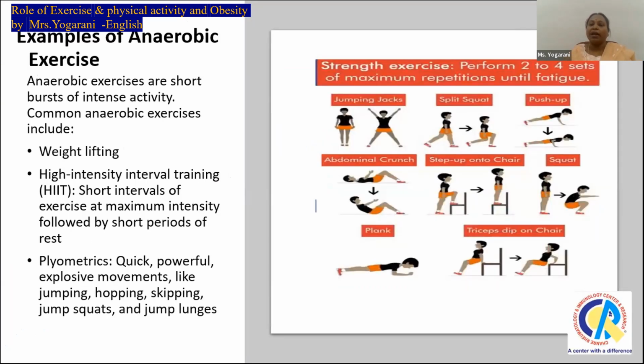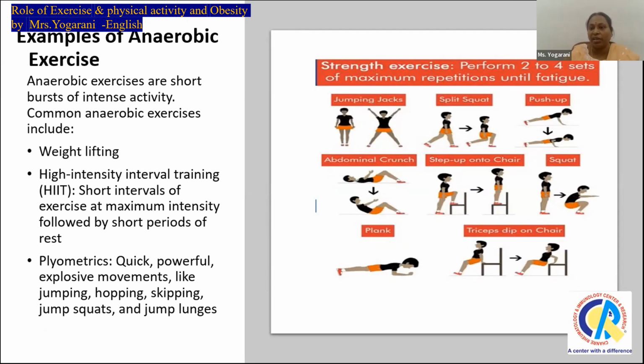Some examples of anaerobic exercise. There are three types: weightlifting exercise, high intensity interval exercise, and plyometric exercise. Weightlifting, as all know, uses dumbbells, barbells, and weight plates, giving resistance with weight while doing the exercise.